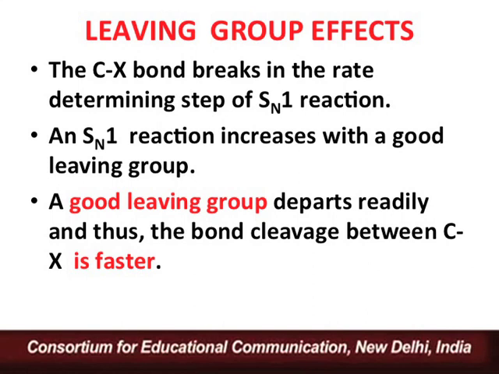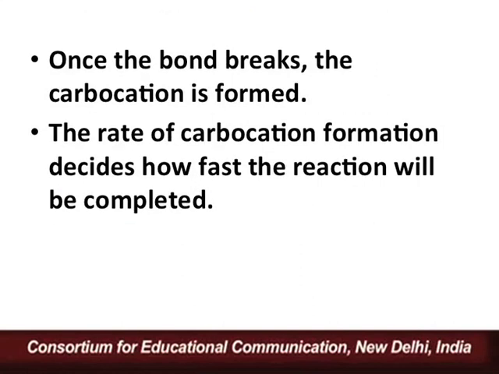A good leaving group departs readily, and thus the bond cleavage between carbon and the halogen atom, or we can say carbon and the leaving group, is faster. We know once the bond breaks, the carbocation is formed.